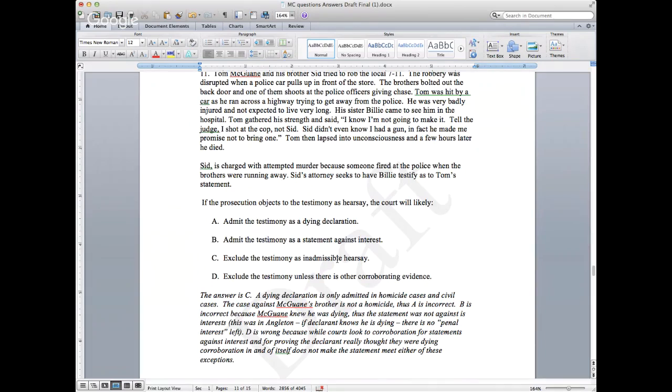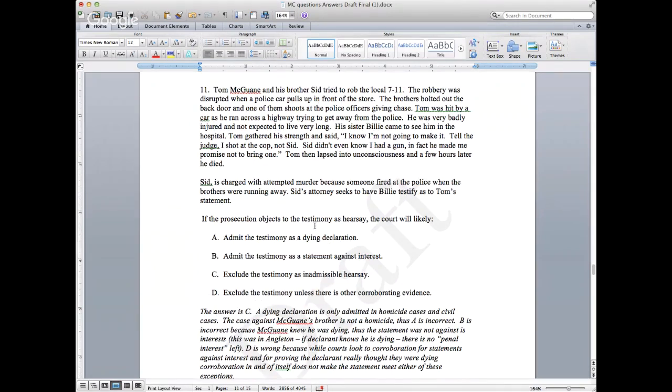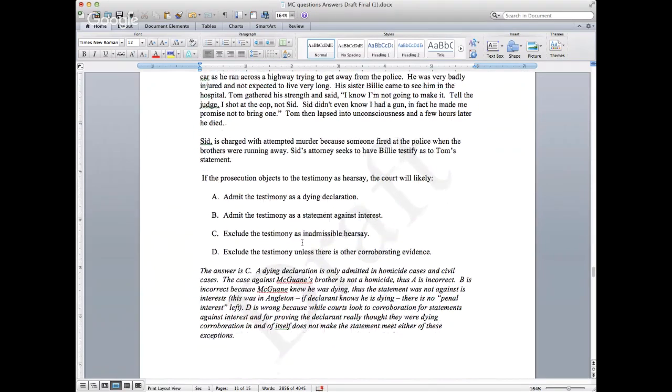It's a robbery case, so this is pretty tricky. It would be inadmissible hearsay because it's not a homicide case and it's not a civil case. Anybody have any questions on that? And it wouldn't be a statement against interest, because it seems more self-serving than anything else.